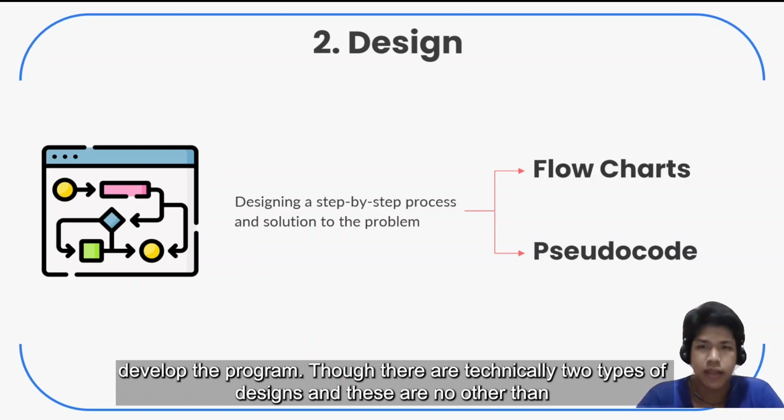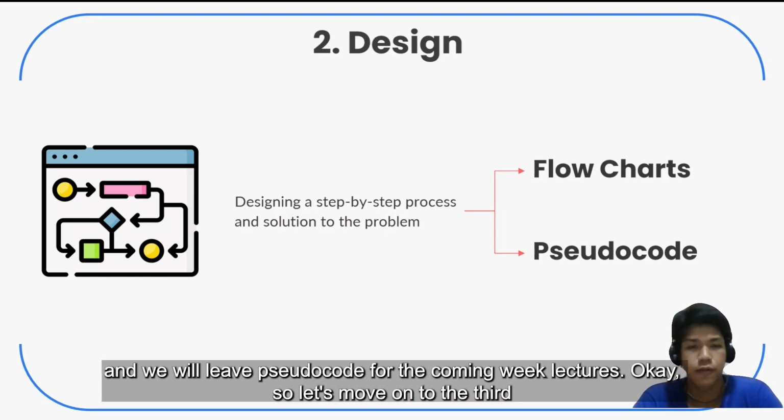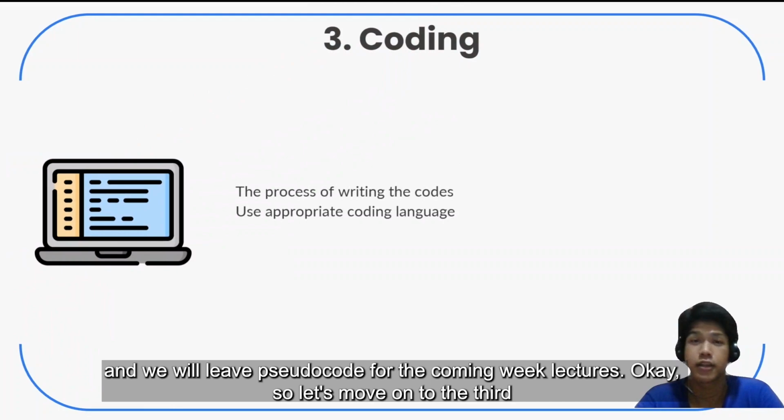So there are technically 2 types of designs, and these are no other than flowcharts and pseudocode. For this week, we are going to be focusing on the flowcharts, and we will leave pseudocode for the coming week's lectures. Okay, so let's move on to the third stage.